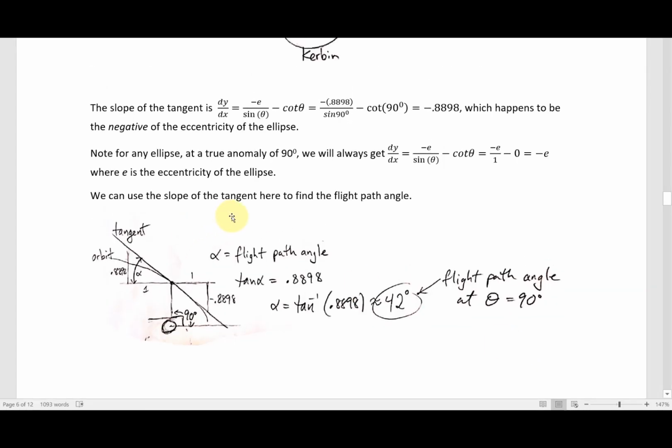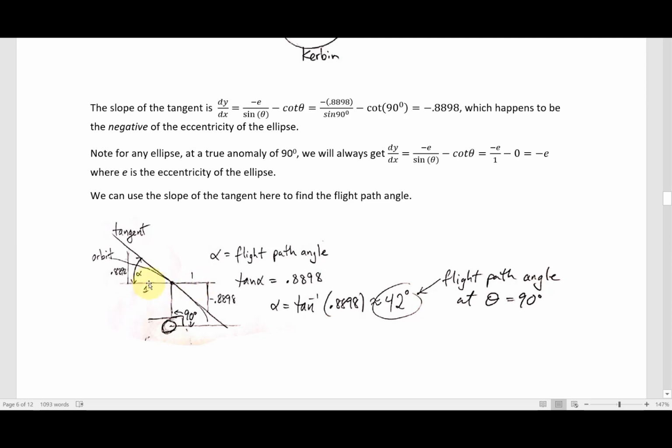Now we can use the slope of that tangent to find what we call the flight path angle, which is the angle between the velocity and the horizon. At 90 degrees true anomaly, the horizon is horizontal in the xy plane, so we can get the slope of this line and then find the angle I called alpha, the flight path angle.